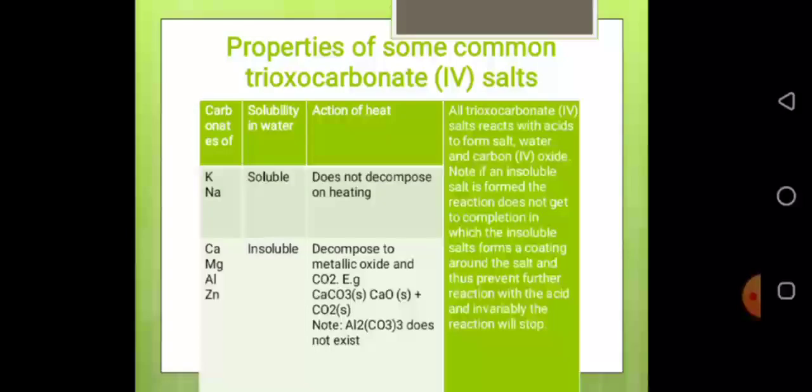If an insoluble salt is formed, the reaction does not go to completion, as the insoluble salt forms a coating around the salt and thus prevents further reaction with the acid, and invariably the reaction is stopped.